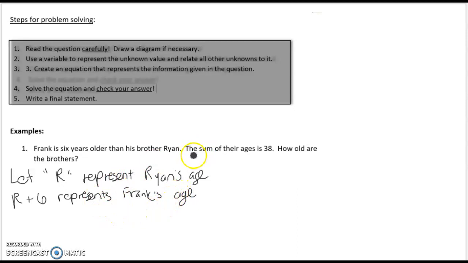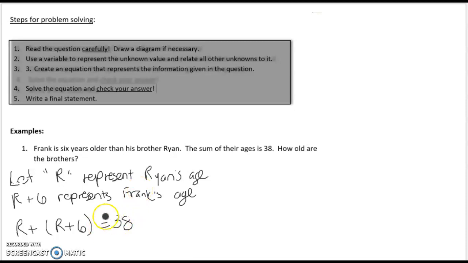Okay, and now it says over here, the sum of their ages is 38. So the sum of their ages is 38. So our first thing would be adding these two up. So R plus R plus 6 equals 38. So I'm just going to write this down. R plus 6, which is Frank's age, equals 38.